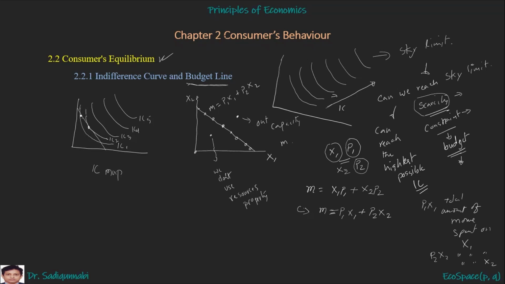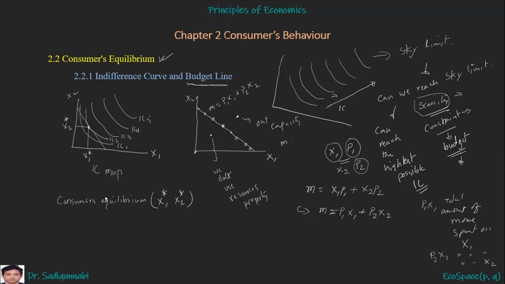Why? This is X1 and this is X2. This point is X2 star, the maximum possible amount of X2, and this is X1 star, and we reach the consumer's equilibrium at X1 star and X2 star.